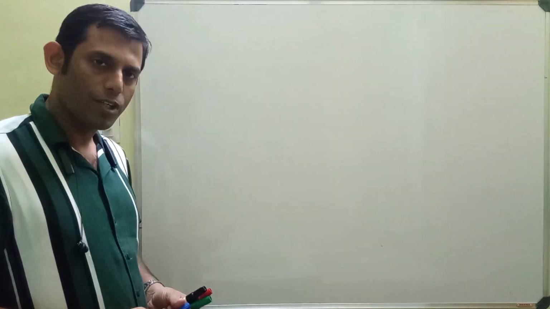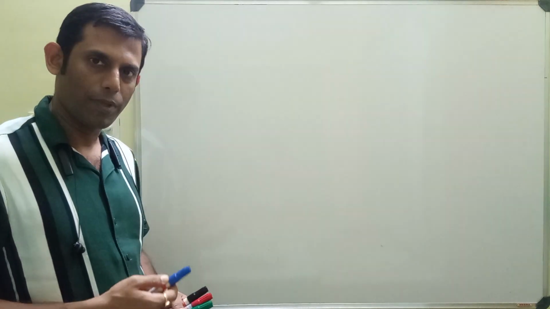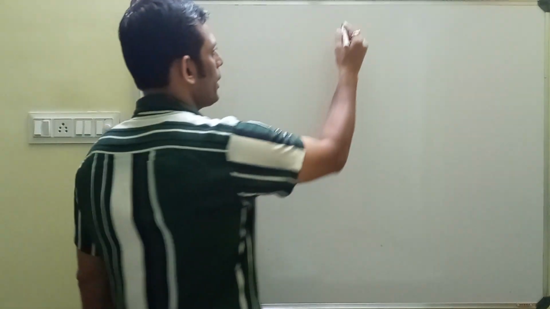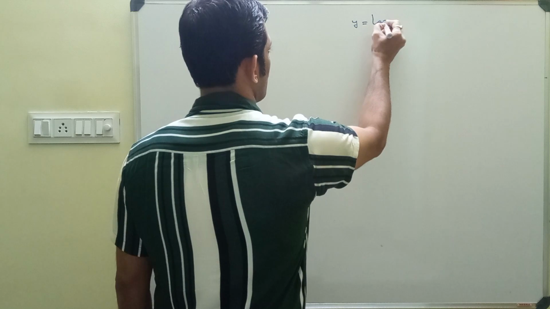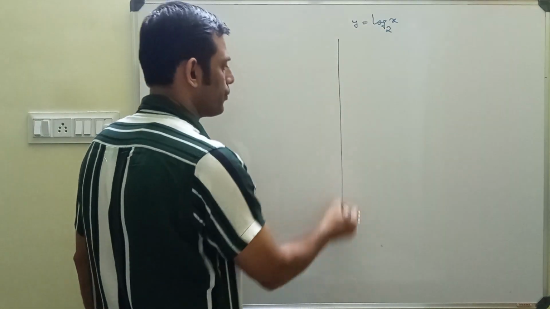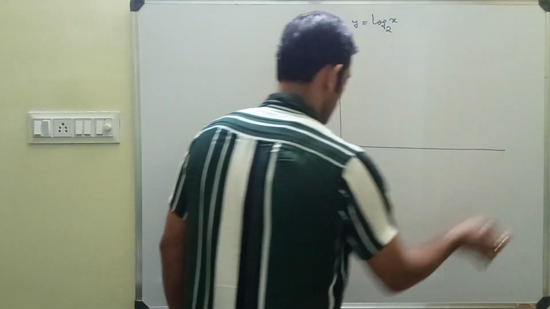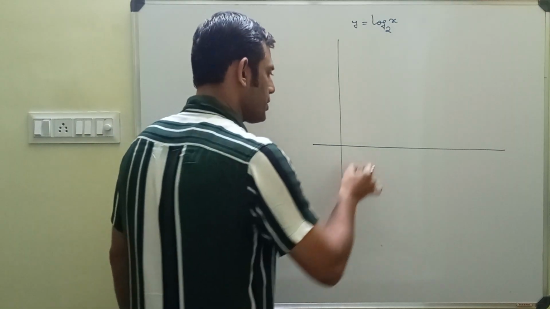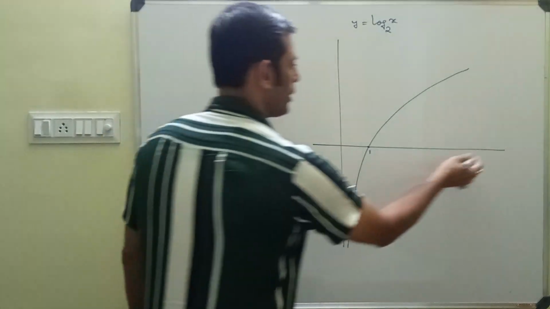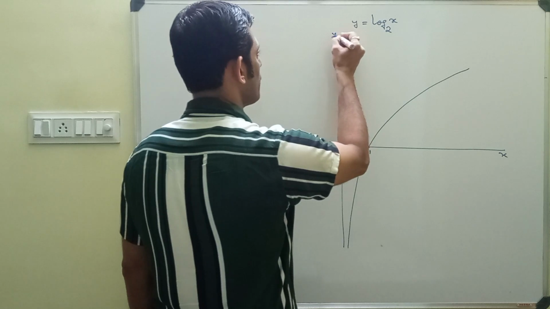In the previous discussion, we had seen the logarithmic graphs. Let us say we take y equal to log x base 2 function, and if you would take the graph of this function, it would simply be an increasing function cutting the x-axis at x equal to 1, this being the plot.